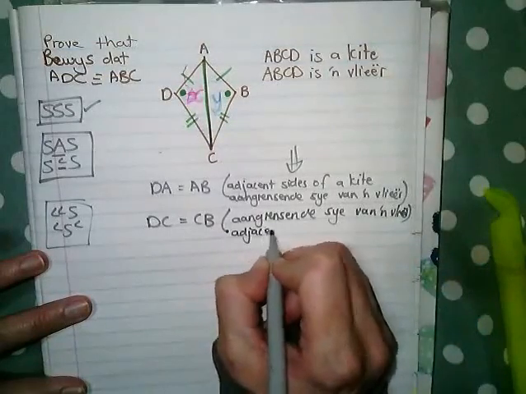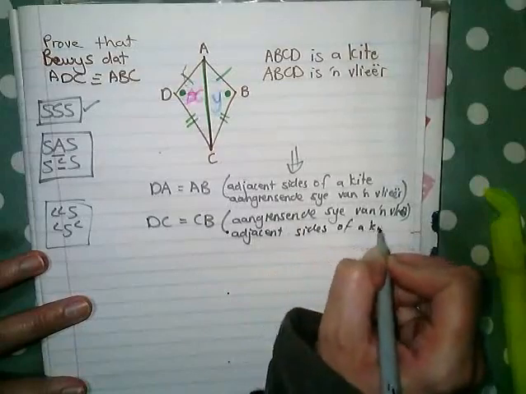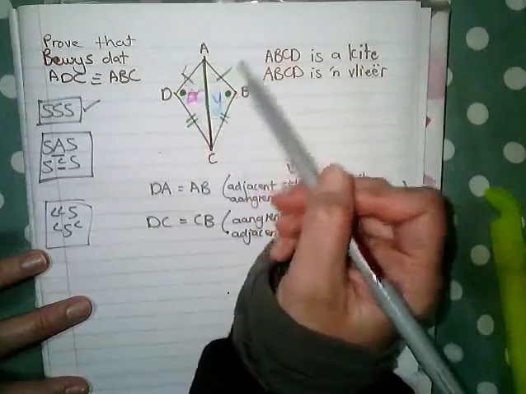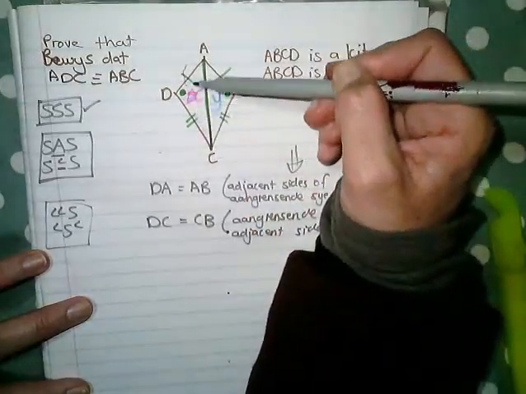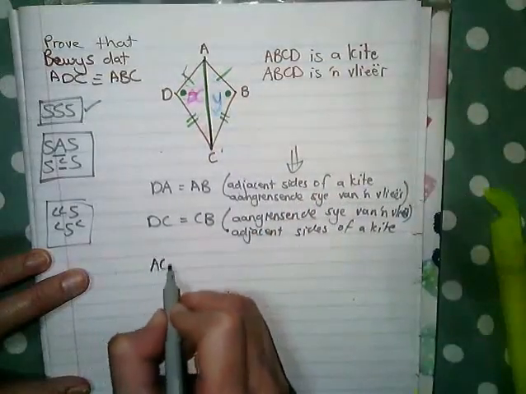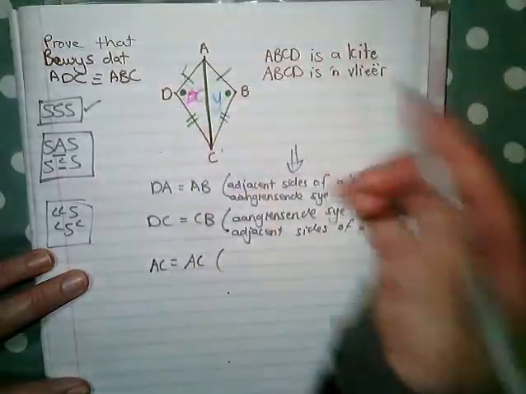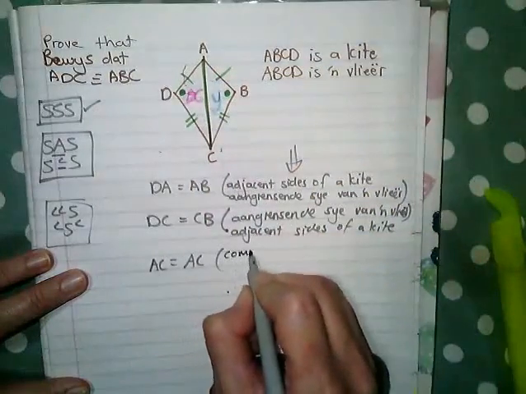Okay. So those two are equal, and AC for this triangle is equal to AC for this triangle. AC is equal to AC. How do we know that that's equal? It's a common side. They share the same side. Common side, dis 'n gemeenskaplike sy.